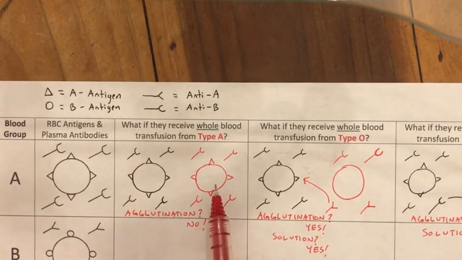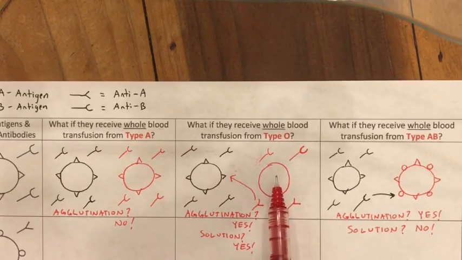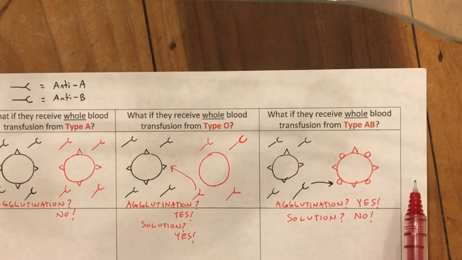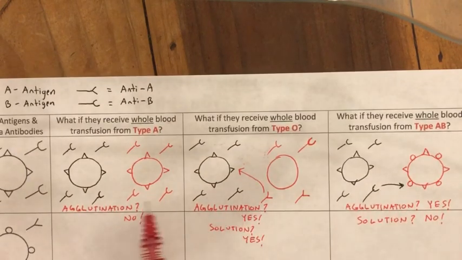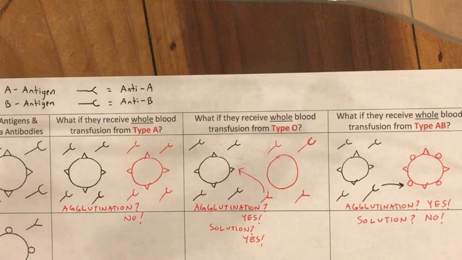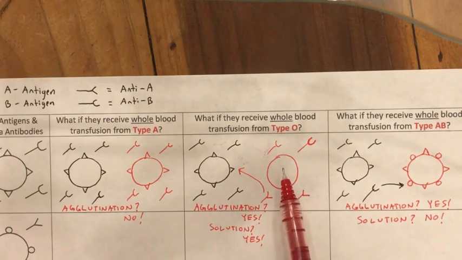Should you give that person type A blood, type O, or type AB? Of course, you want to pick the one that results in no agglutination from the start. That's the easiest solution, because then you don't have to do extra work. Sure, you can technically give them type O, but then you have to fix it up, right?